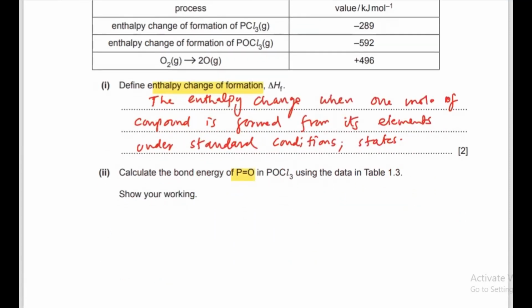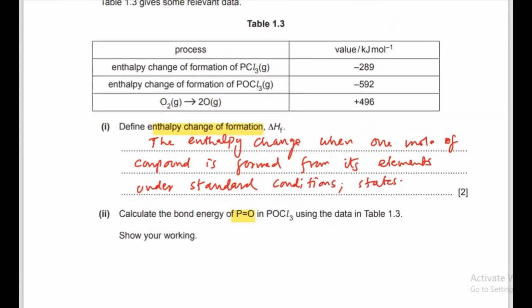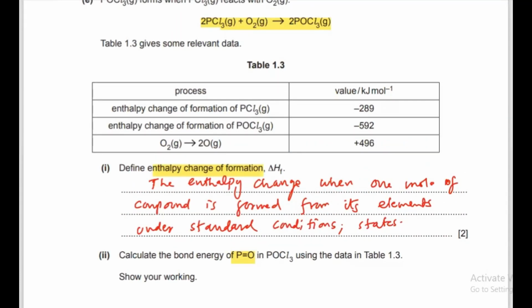Now calculate the bond energy of P double bond O in POCl3 using the data in the table. So the reaction between PCl3 and oxygen is like this, PCl3 plus O2 gives POCl3. So this is the balanced chemical equation.